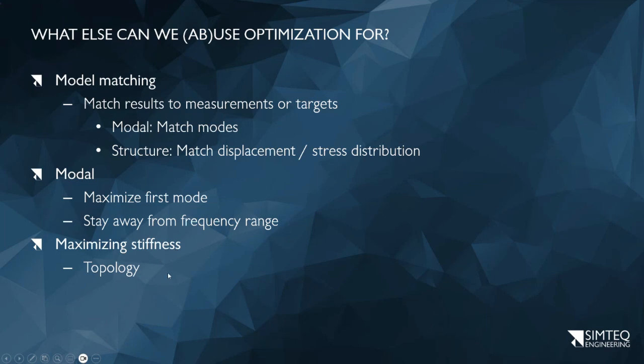One of the first implementations in MSC Nastran for topology optimization was for the purpose of stiffening structures. You don't specify a stress limit. We specify the mass target and then say find the maximum stiffness for the component with that specific mass attached to it.